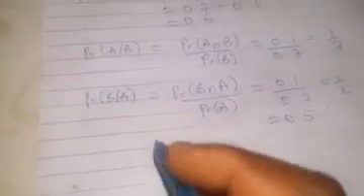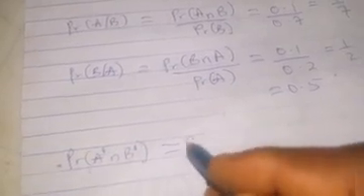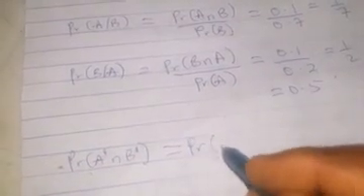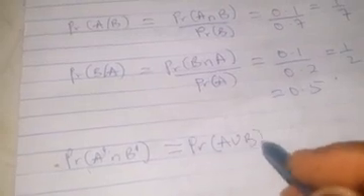Now the next we are asked to find is probability of A complement intersection B complement. Whenever you see something like this, De Morgan's rule should come to your mind. So we can write this as probability of A union B all complement.